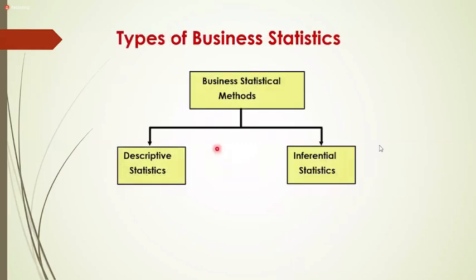According to these two processes, we divide business statistical methods into two major classifications: descriptive statistics and inferential statistics. Here we are looking at business statistics as a field, and in that field we can classify two major classifications.